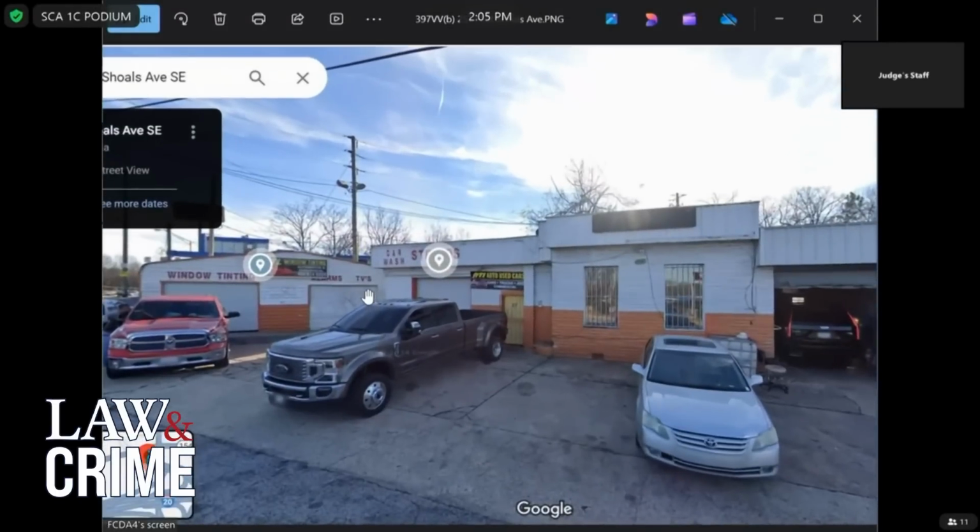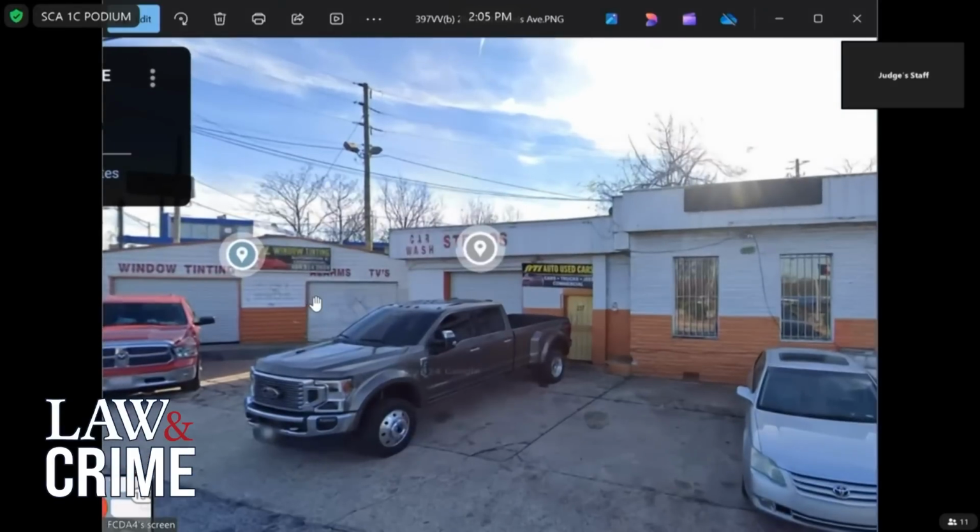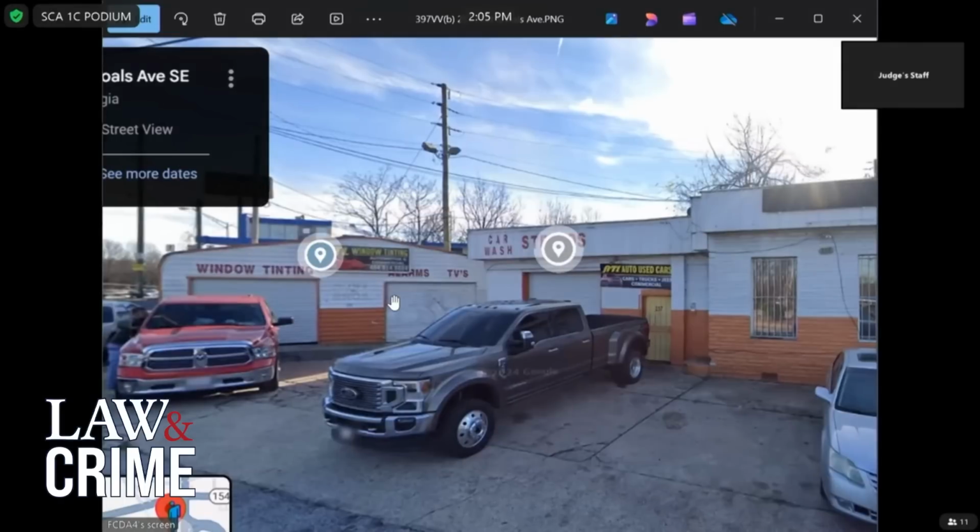Yes, sir, it is. And do you see that red Dodge truck on the far left? Yes, sir. Do you see that writing behind the truck? Yes, sir. Window tinting. And is this the address we were just discussing for roughly an hour and a half on March 14, 2022? Yes, sir, it was.